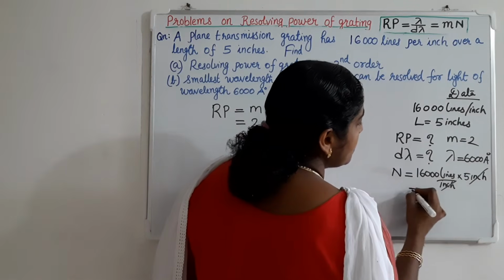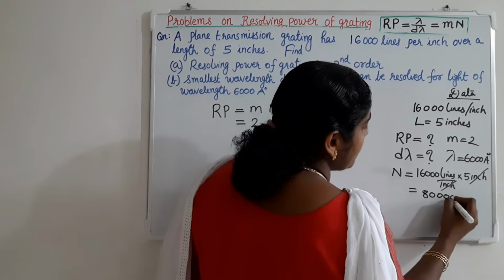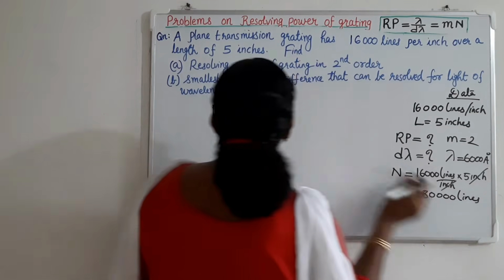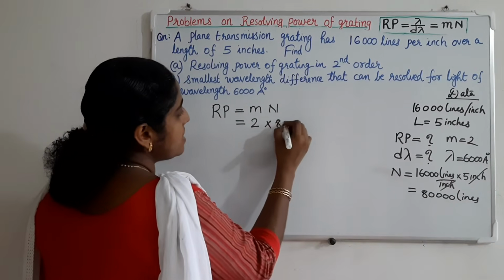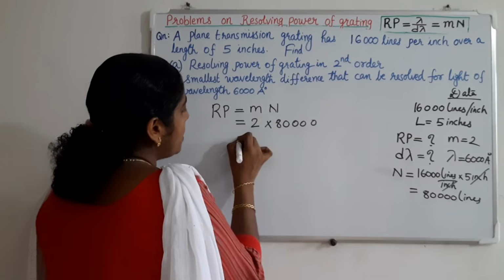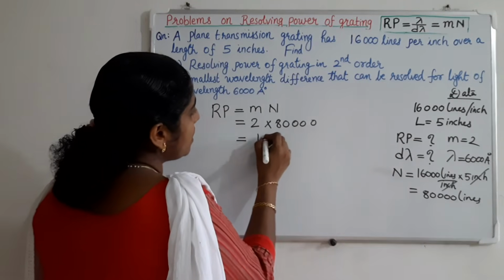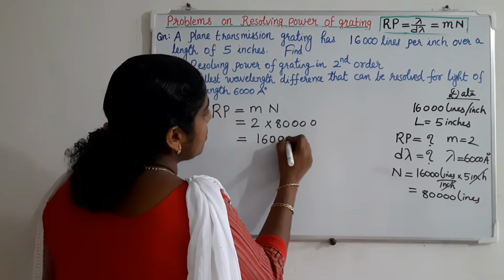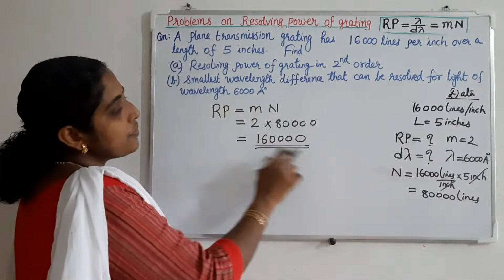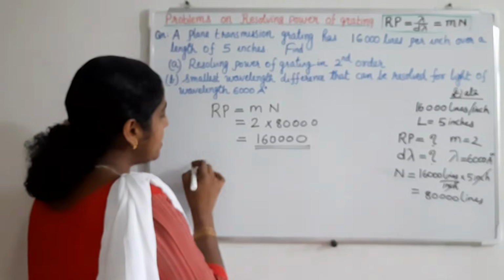So we will get 80,000 lines. So we can substitute that value of N here. N is 80,000. That is resolving power in second order is 160,000.